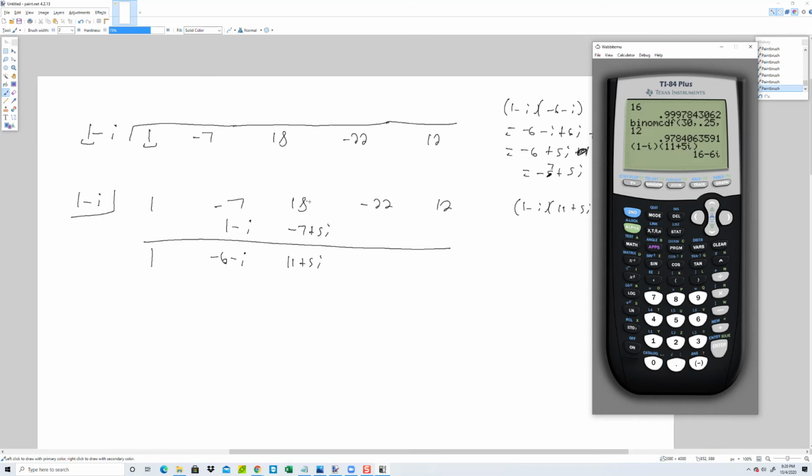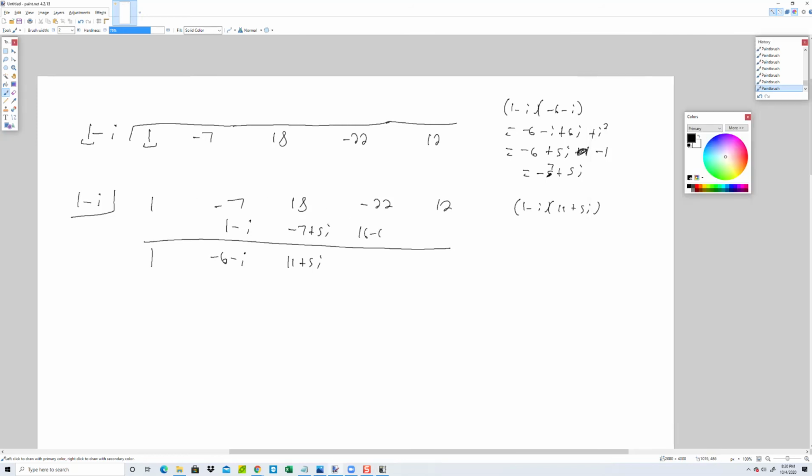So 16 minus 6i. Now add these together. Negative 22 plus 16 is negative 6 minus 6i. Multiply these two together.